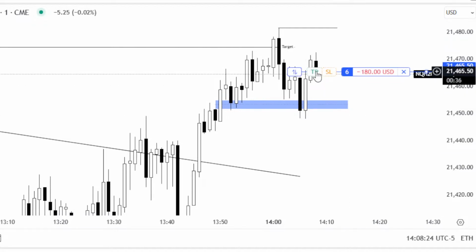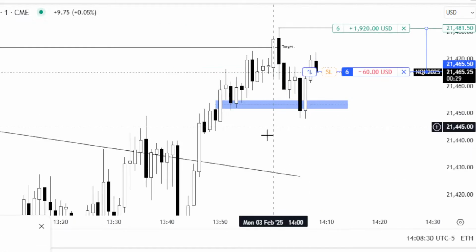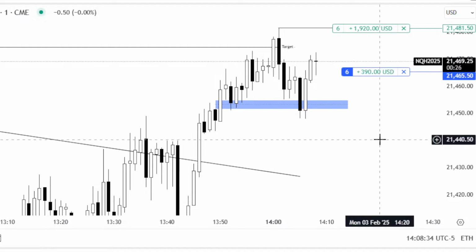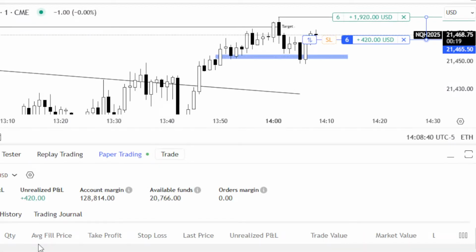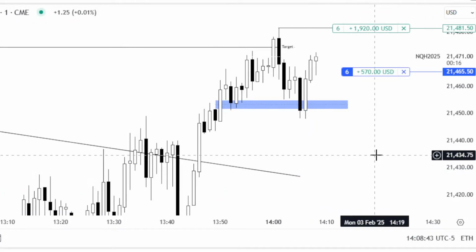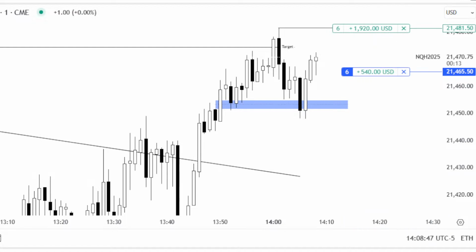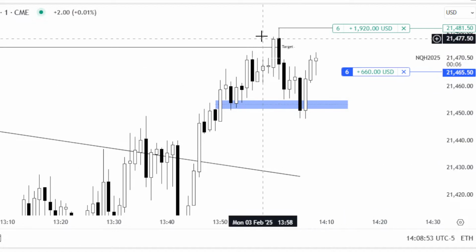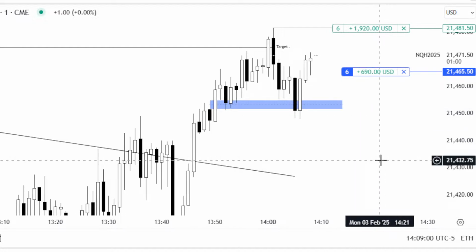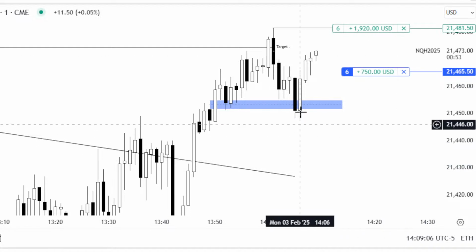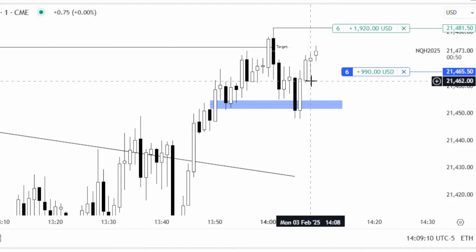Okay. I see that high get run. And I think this rebalance.